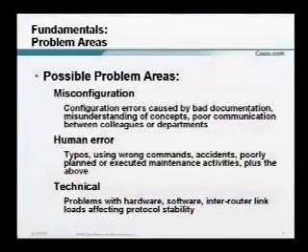Now, where can you actually have problems within BGP? Well, as with anywhere else, misconfiguration. Now, this misconfiguration could be caused by bad documentation, misunderstanding concepts, poor communication between colleagues or departments. I mean, that's all typical stuff. Human error, typos. I mean, you could be sleepy, you've just finished working 36 hours at some kind of big problem in the network.